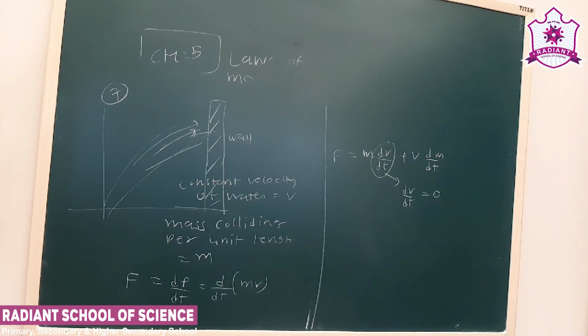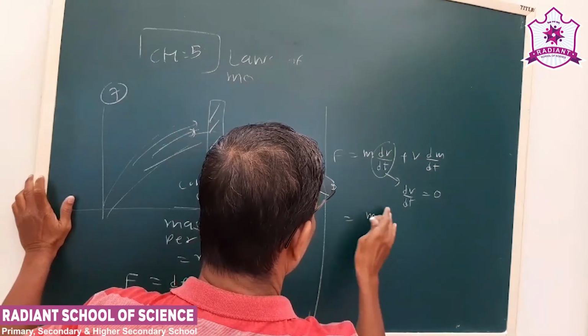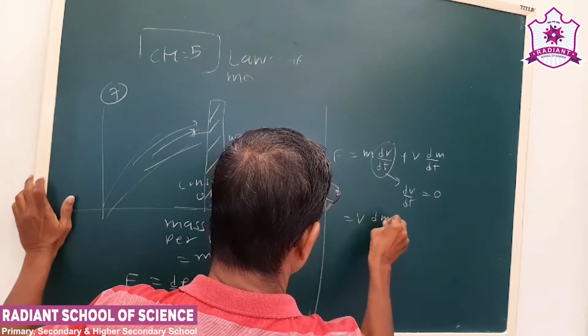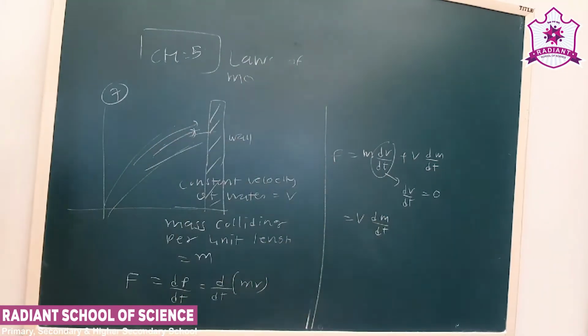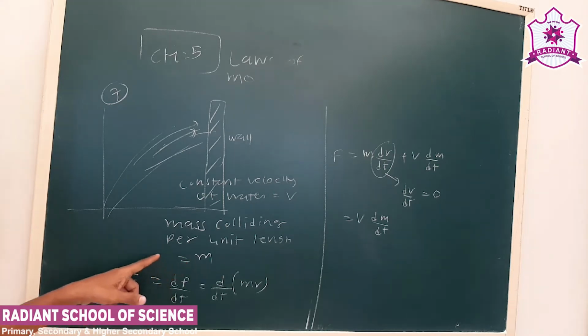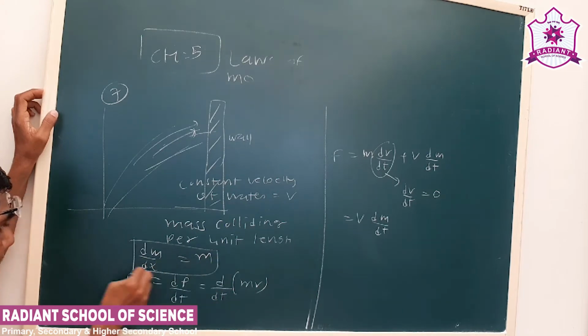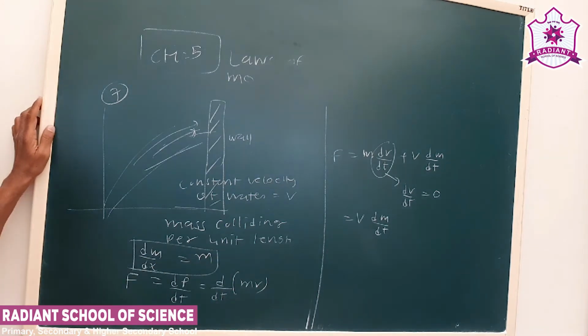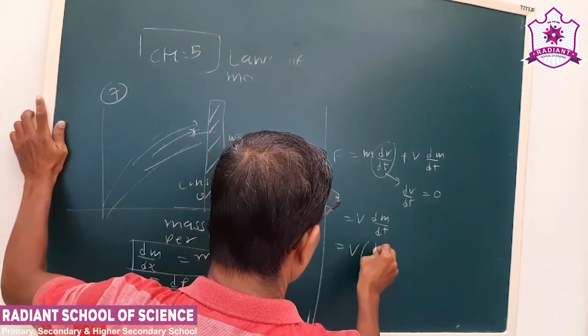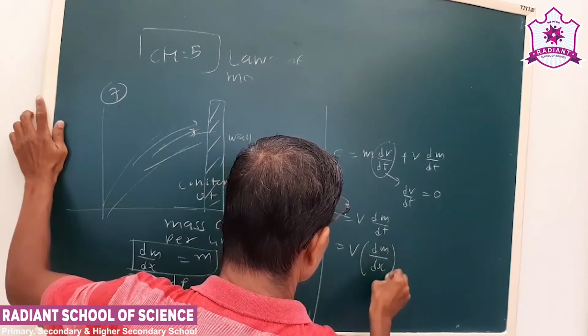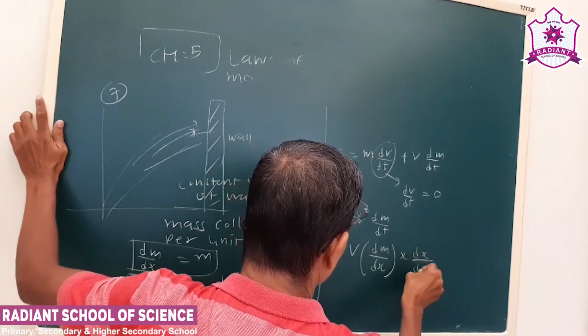Okay. Now see what is remaining here, v into dm by dt. Okay, but here see the mass per unit length is given, that is dm by dx. Okay, so if I want to arrange, I can write dm by dx into dx by dt.